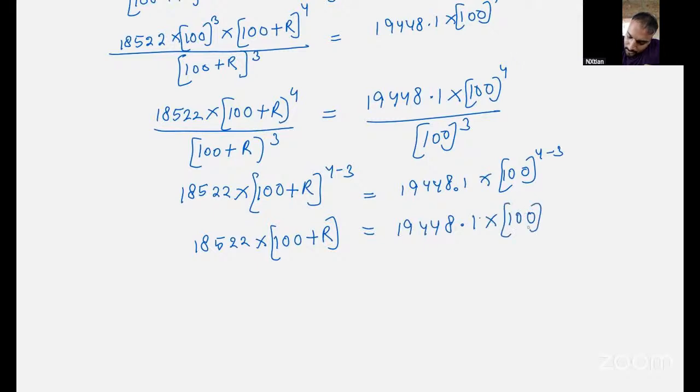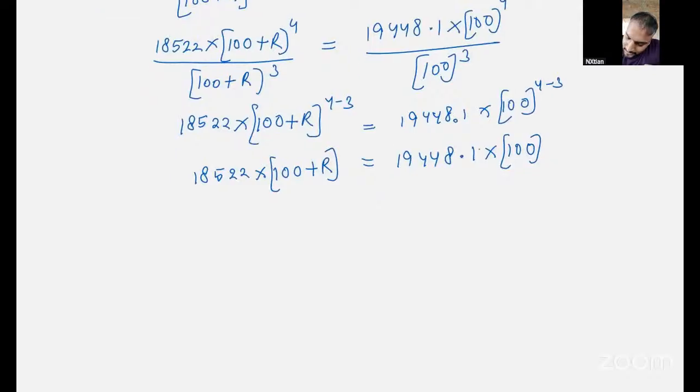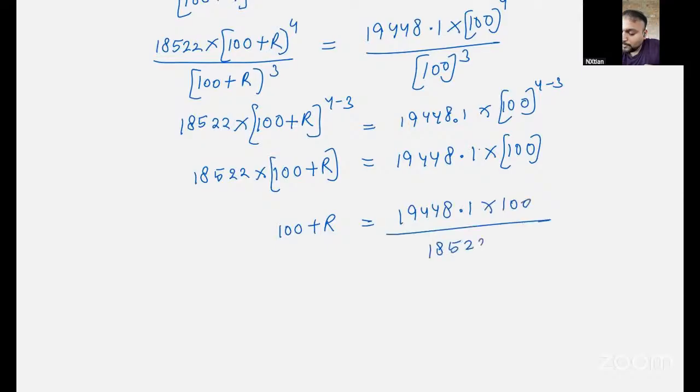Okay. So now I can write it like this: 100 plus r is equal to 19448.1 into 100 upon 18522. What I did: it is in multiply, it goes to that side, it will divide.